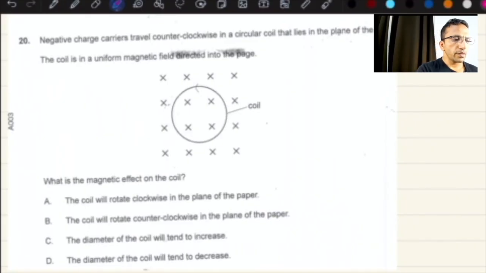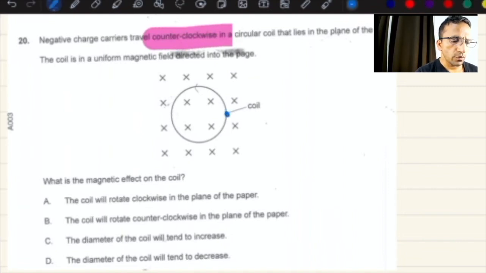Now in this question, negative charge carriers travel counterclockwise in a circular path. Let's focus on this point on your right hand side, the right hand end of the circle, and let's think it's moving upward here. But we know current is in the opposite direction of a negative charge carrier's motion, right? So the current is downwards at this point and the magnetic field is into the page. We have Fleming's left hand rule for these situations.